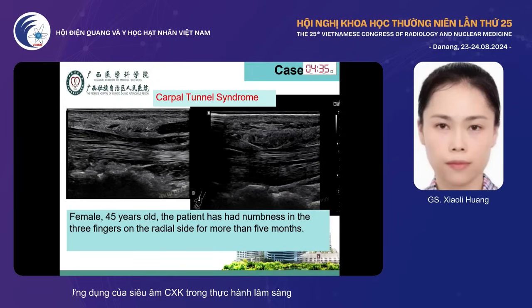Then we first perform hydrodissection on the surface of the median nerve, then release the transverse carpal ligament, and finally treat with a steroid mixture injection.